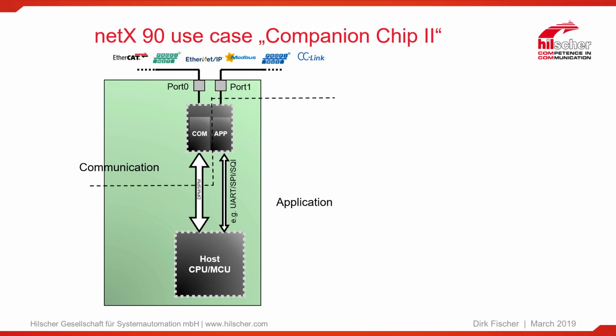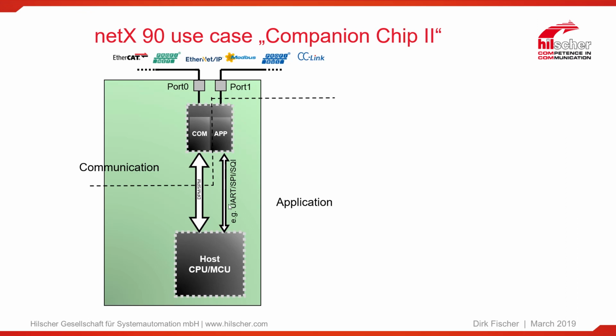This is the first variant: you regard the application side of netX 90 as a secondary microcontroller. It's a Cortex M4 CPU available for your application. There is no standard way to connect this application side to the host controller, so you can specify and implement your own proprietary protocol between your host controller and the application side.